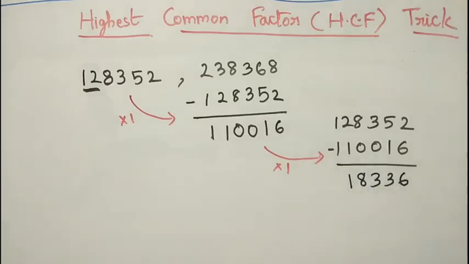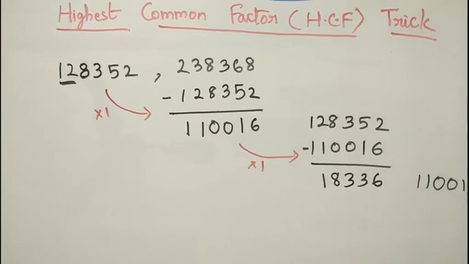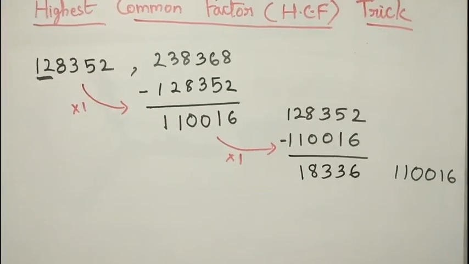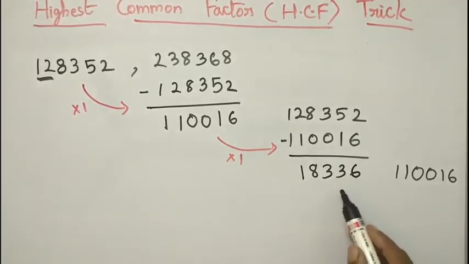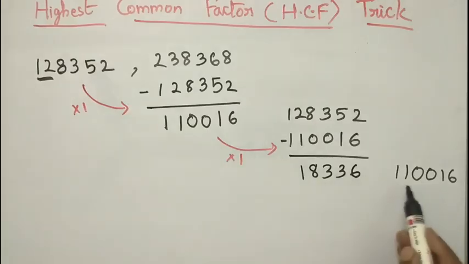Now I will bring this number here, I will just write down this number here, 1 1 0 0 1 6. I wrote down this value here, 110016.